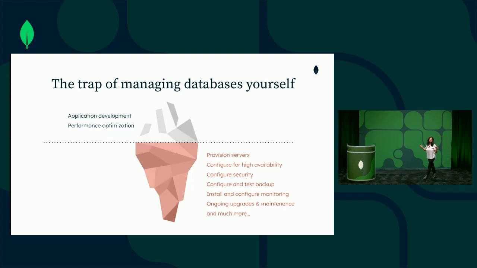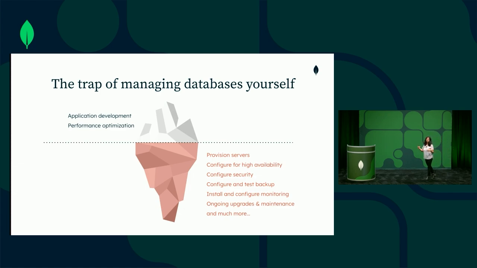Which then leads us to, what is this trap that we are running into when you self-manage your database yourself? The first thing that you want to do, and the only thing that you want to concentrate on, is supporting your developers and supporting your customers. That means helping build the apps faster, with the right performance and the scale, and making sure that they're secure.